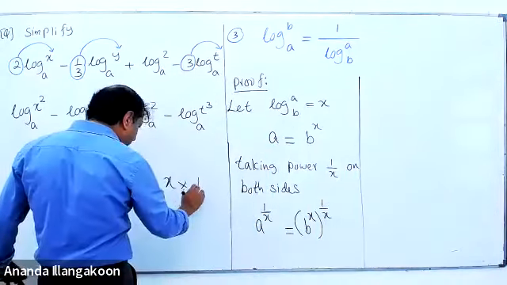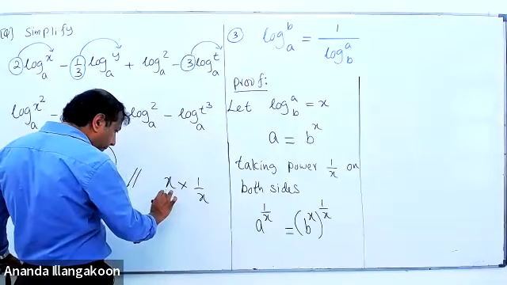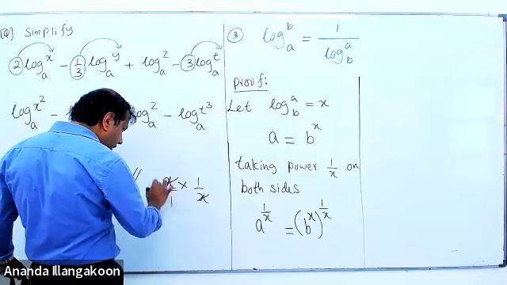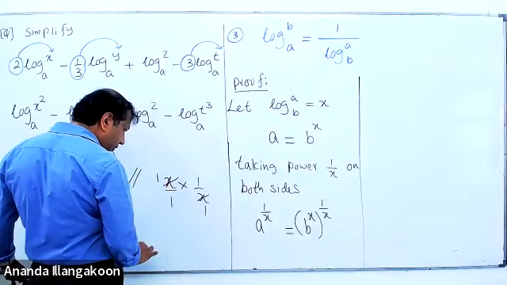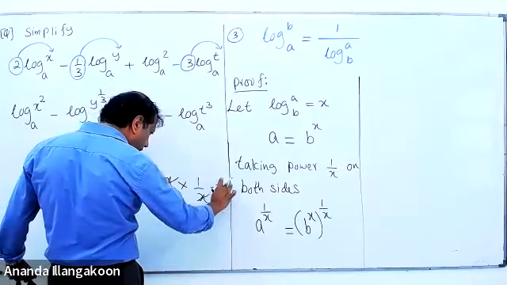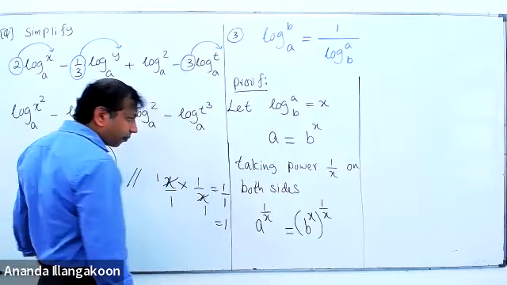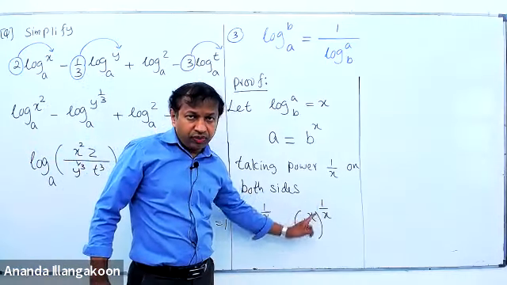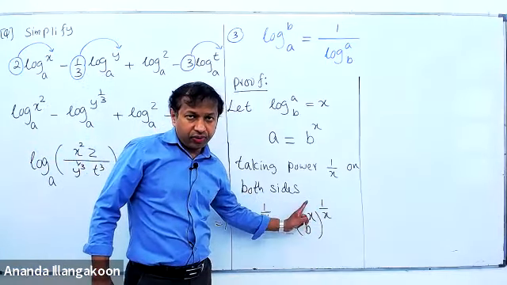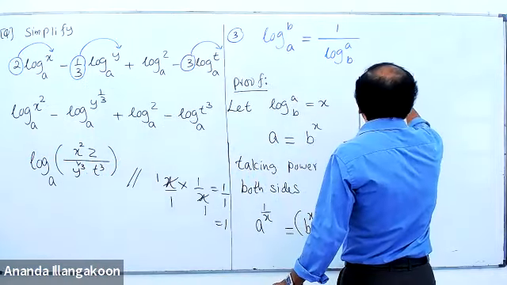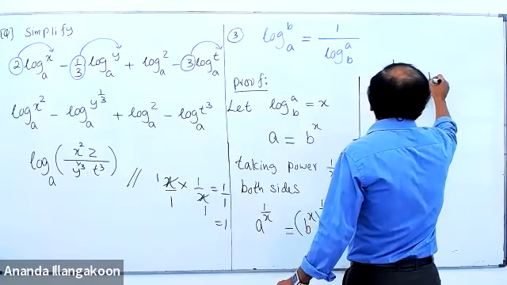X multiplied by 1 upon x. Below this x, we have 1. This x and this x, you can cancel. We get 1 each. 1 into 1 is 1, people. 1 upon 1 is nothing but 1. That means, when you multiply this inner power with the outer power, we get the power of b as 1. So a to the power 1 upon x is equal to b. This way.